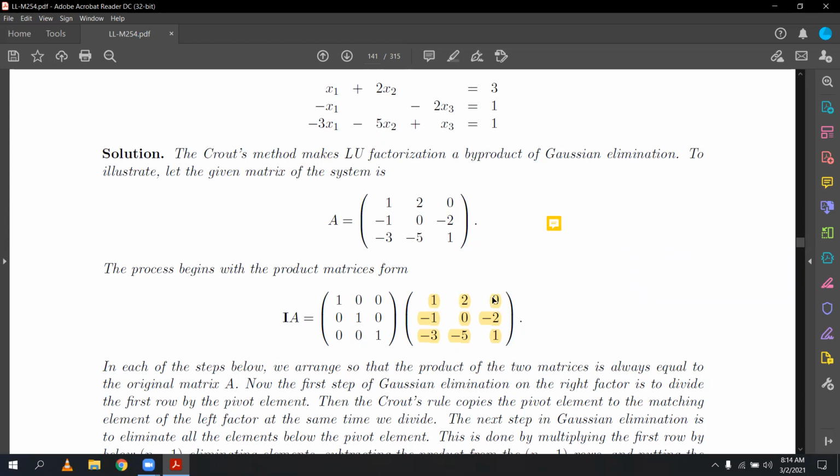You divide this row by 4, and it will become 1. And then you have to make this element and this element equal to 0. So this is 3 elements you check.